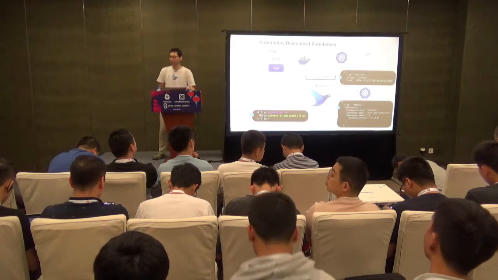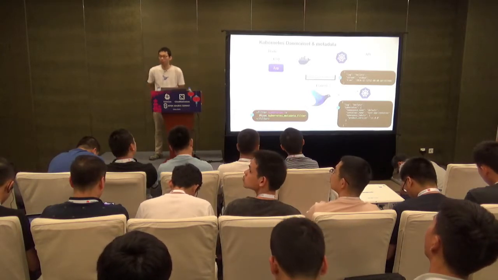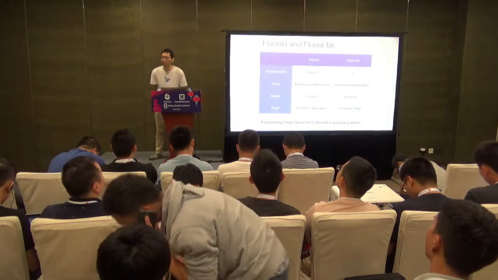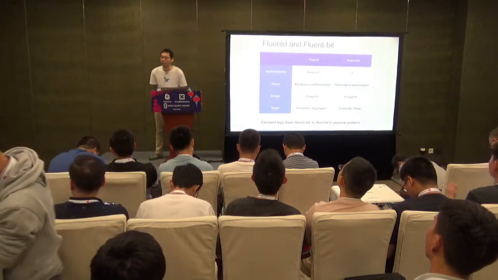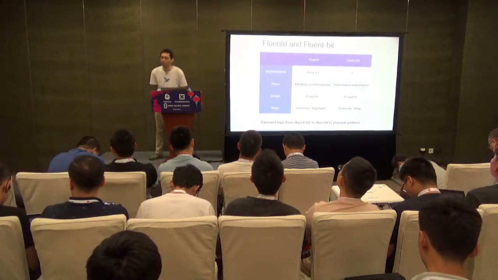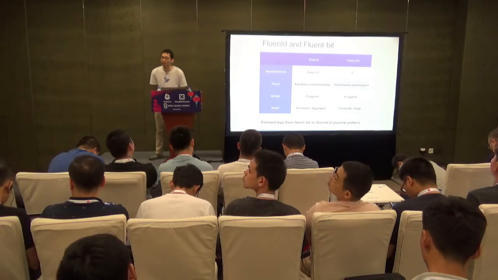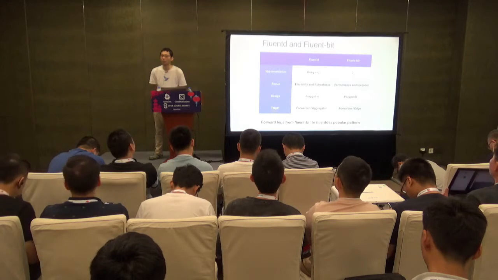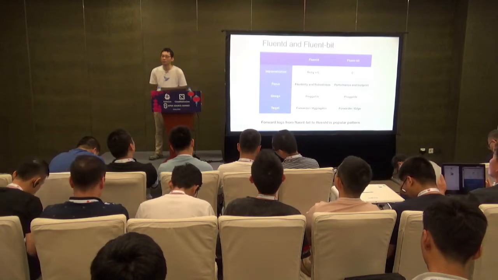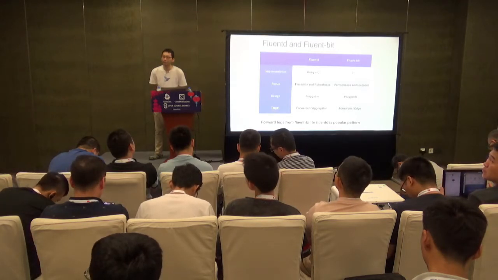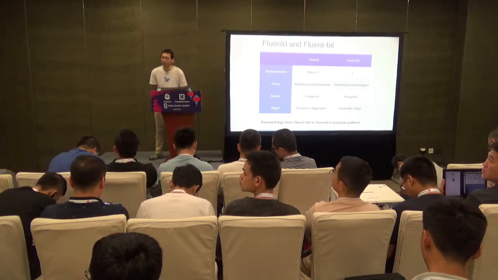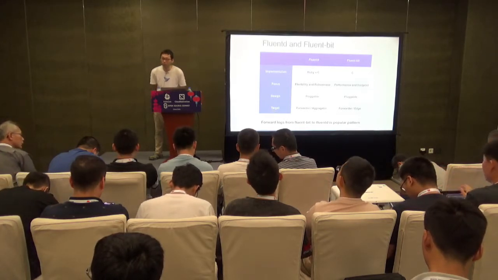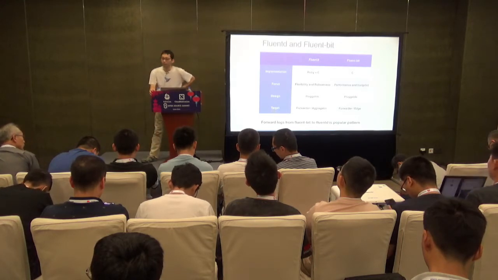Sorry, one question about Fluent Bit. Does Fluent Bit have a solution for log data with different priority, especially when the output bandwidth is very limited? For example, we have two different data sources for input with different priority.